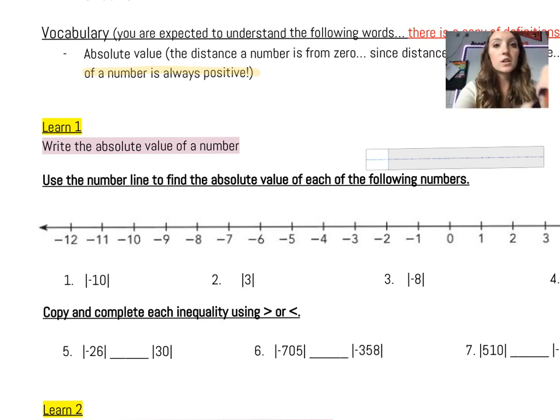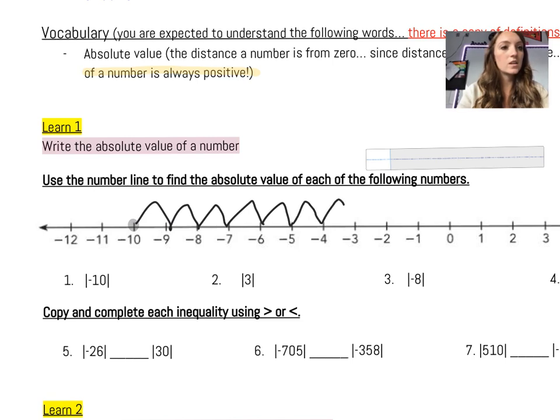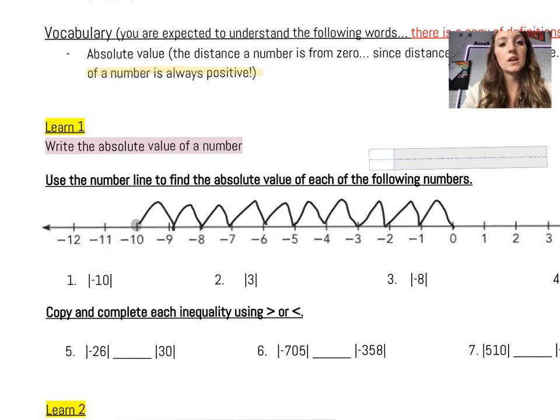So my first number is looking at -10. If I find -10 on my number line here, I find that it is 1, 2, 3, 4, 5, 6, 7, 8, 9, 10 spots away from 0. It is a positive 10 spots away from 0.